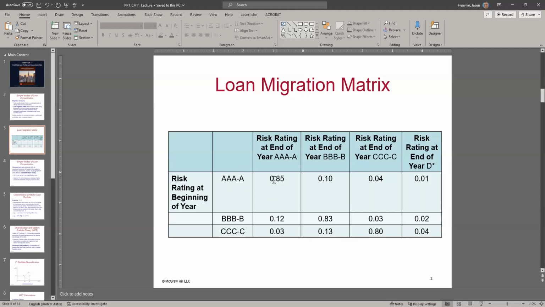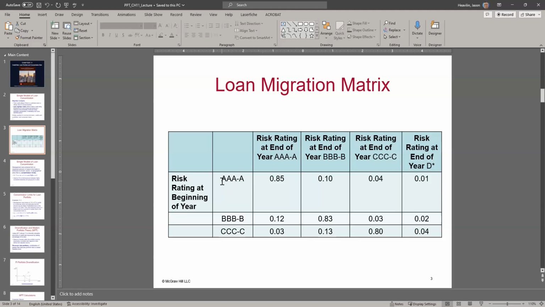0.85. However, keep in mind that you can still shift in a negative way if you're AAA and move down to AA or to a single A. Sure, you're still in the same pool, but you did get downgraded. So what I'm trying to say is that this table could be expanded to account for each one of the levels, but the concept is the same.